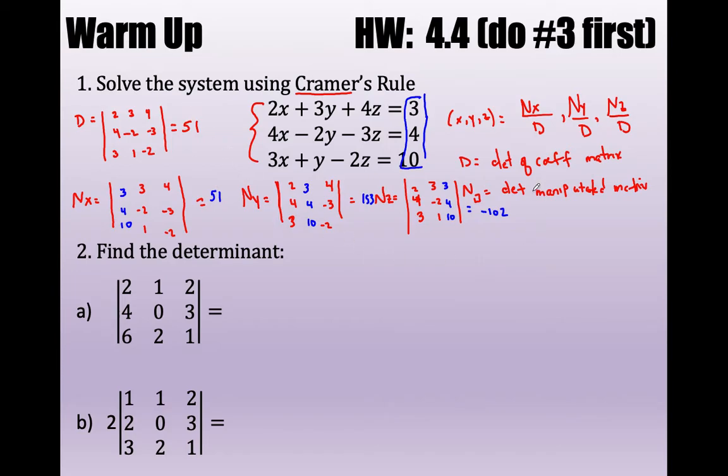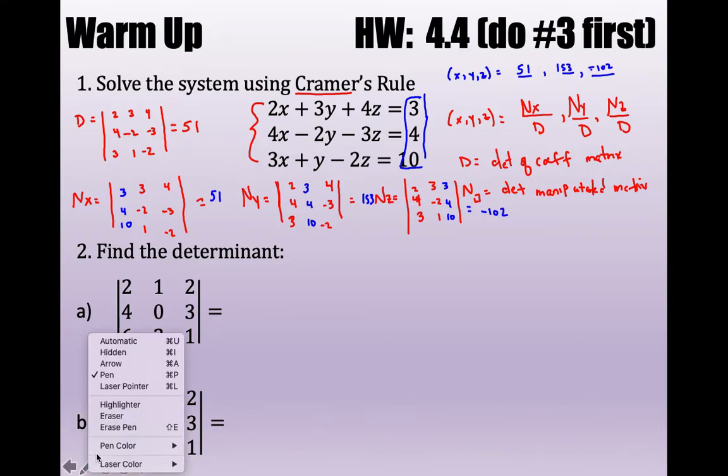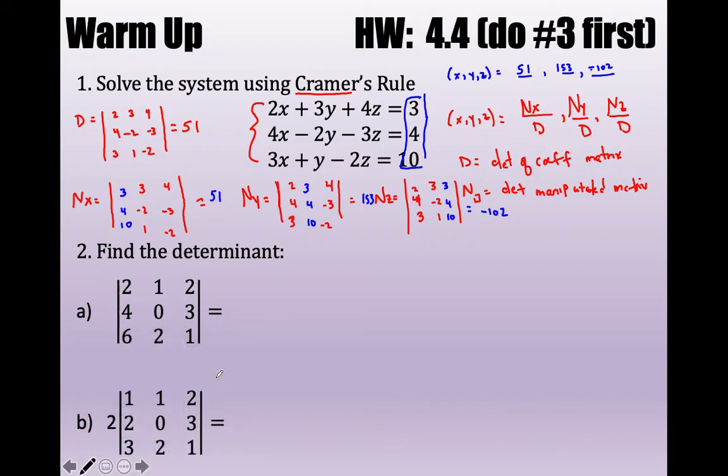So now I'm going to say my solution to this algebraic system is 51 on top of, comma, 153 on top of, comma, and negative 102 on top of, and each one is going to be on top of 51.